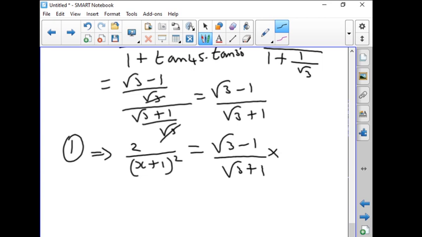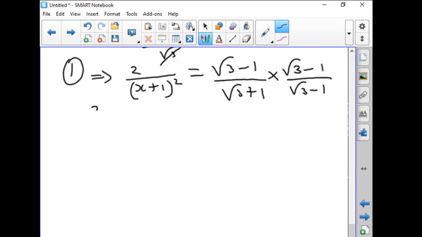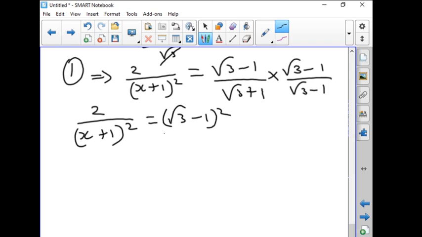So when you rationalize, multiply by root 3 minus 1 by root 3 minus 1. So we get 2 by x plus 1 the whole square is equal to root 3 minus 1 the whole square by a plus b into a minus b. So root 3 square is 3 minus 1, so this is nothing but 2.